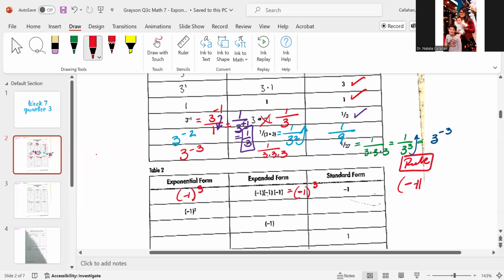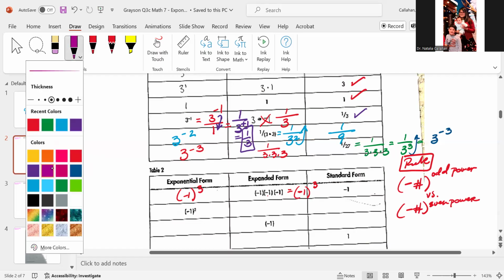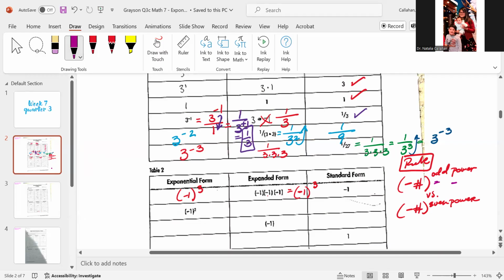Rule. If you have a negative number and it's an odd power versus a negative number to an even power, right? Grab a different color pencil. Make sure you write this down in your notes. Like negative 1 to the 5th power, negative 1 to the 6th power, right?